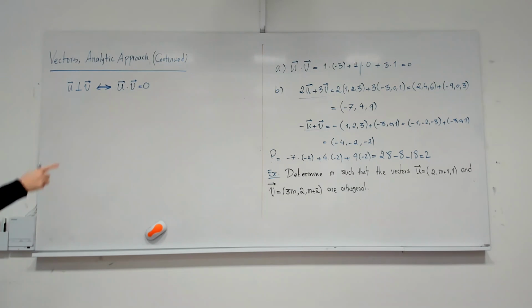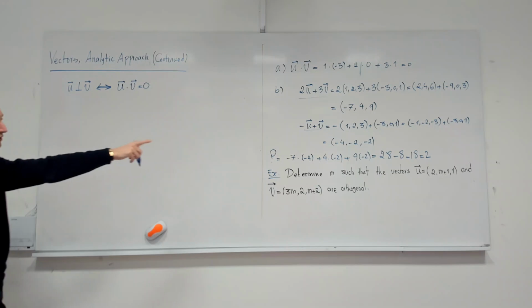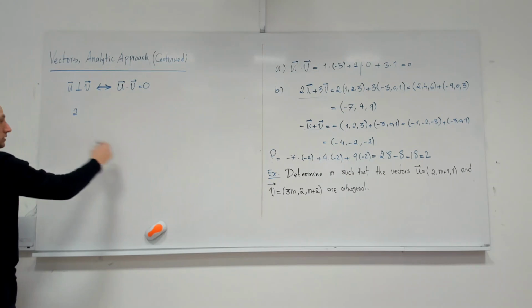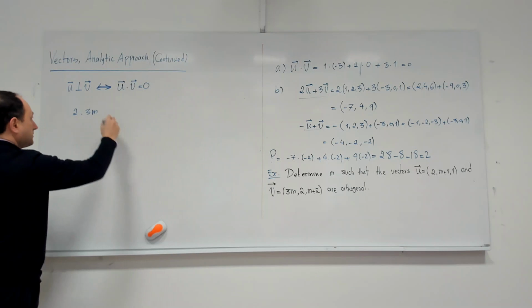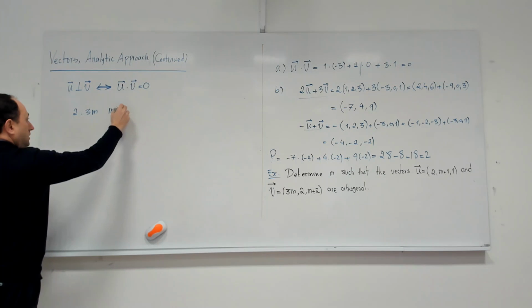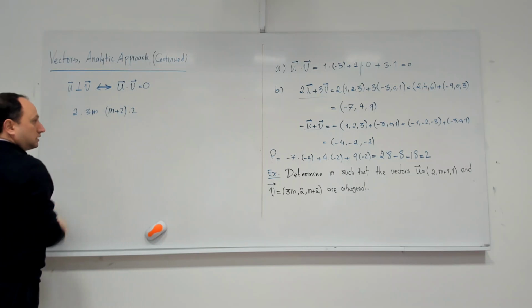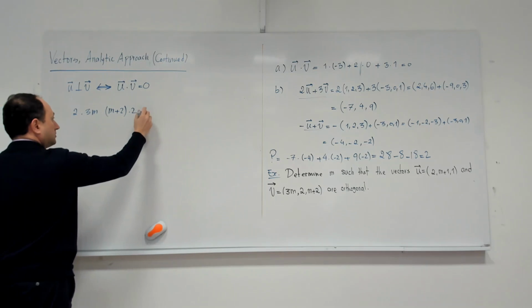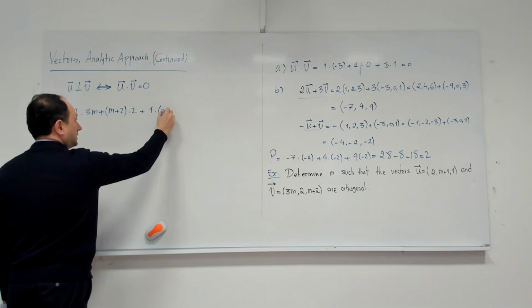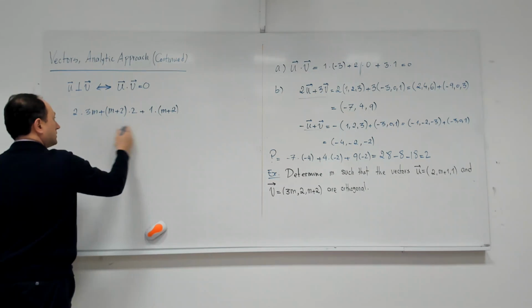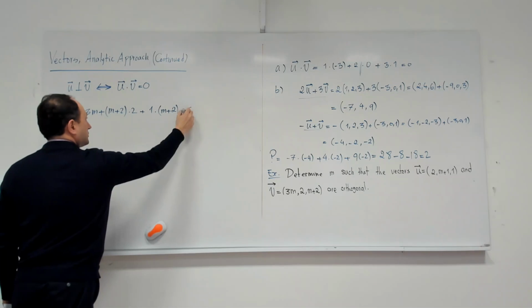But I know what is u dot v. The first component multiplied by the first component. The second component multiplied by the second component. And finally the third component multiplied by the third component here. This is the dot product, and it is supposed to be equal to 0.